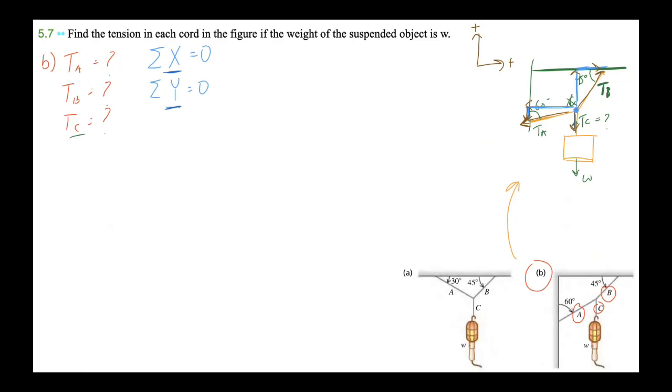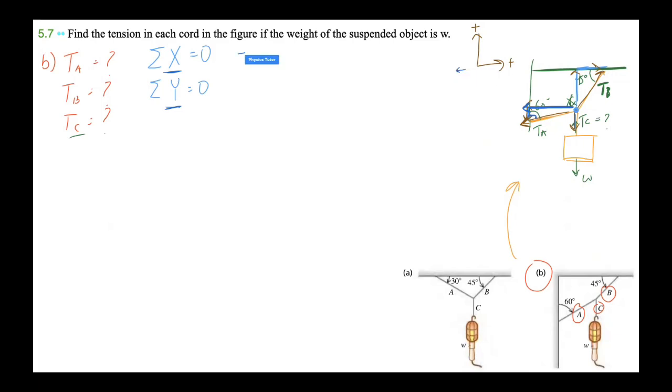So for x, we know that this is the x component, right? So we can say it's minus A sine 60, because this is 60, so that dark blue line is going to be A sine 60. And it's in this direction, which means it's negative.